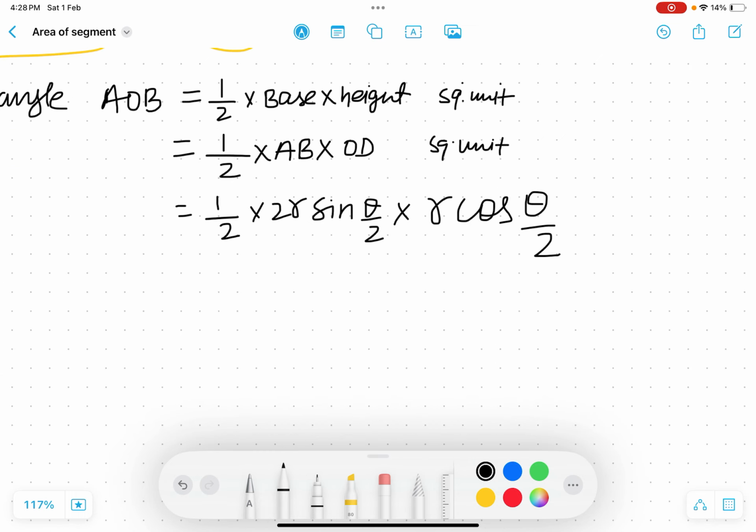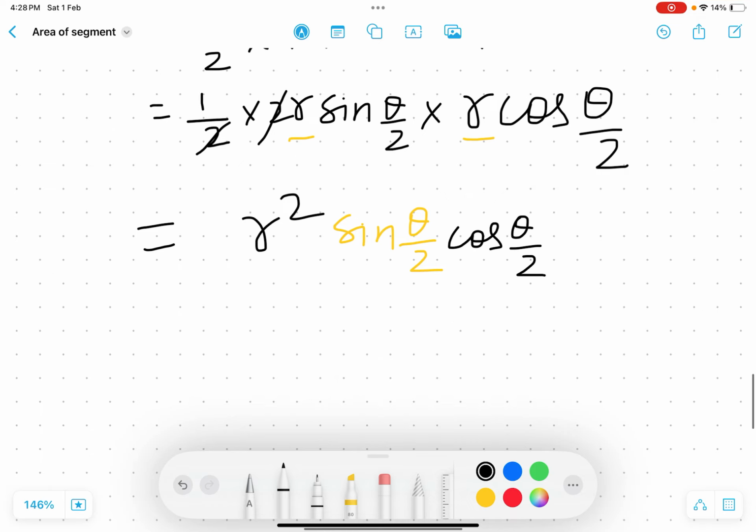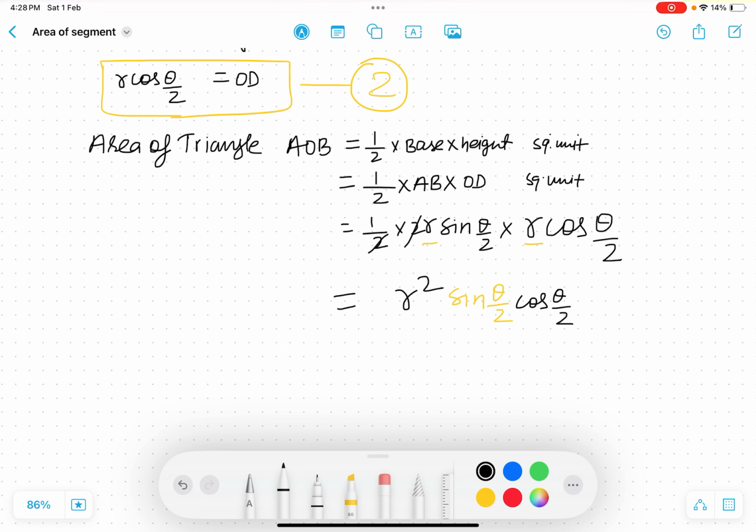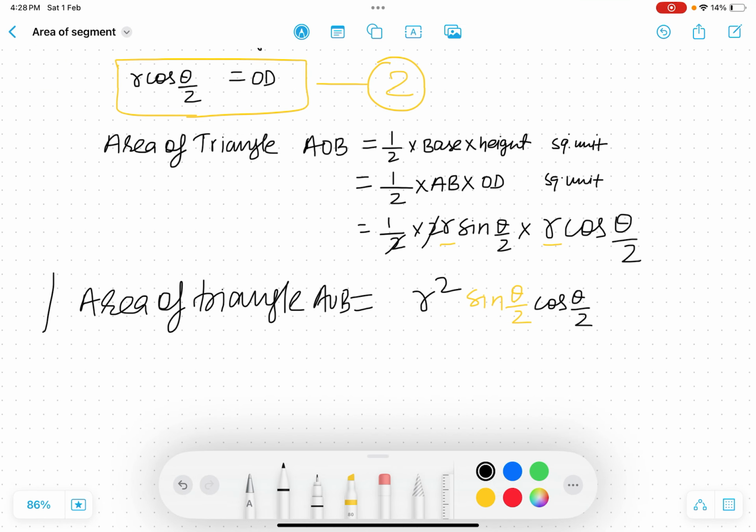Okay, let's simplify this. This 2 will cancel out, and r into r gives r square, and sine theta by 2 and cos theta by 2. So we have the formula for the area of triangle AOB as r square sine theta by 2 cos theta by 2.